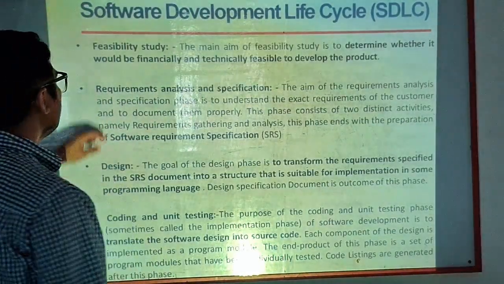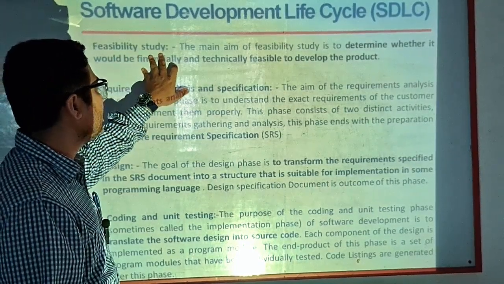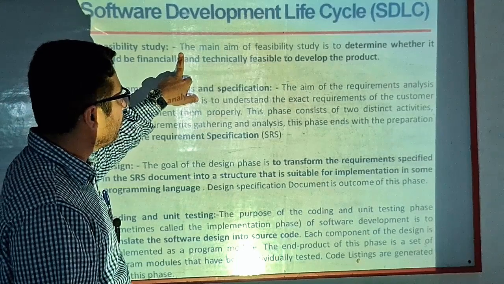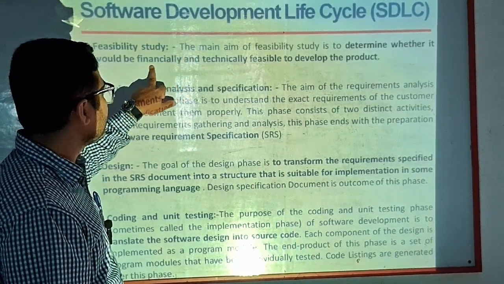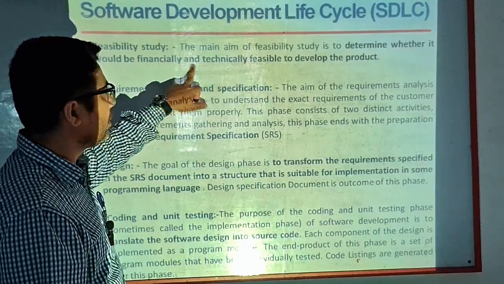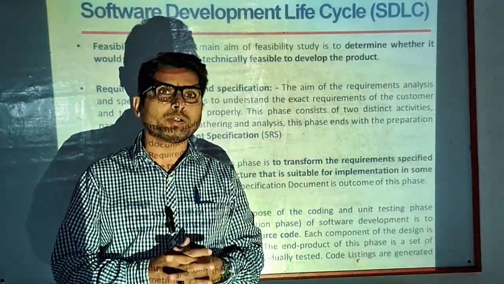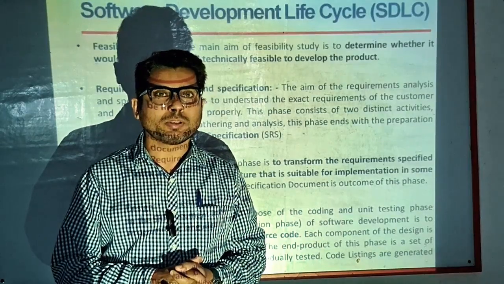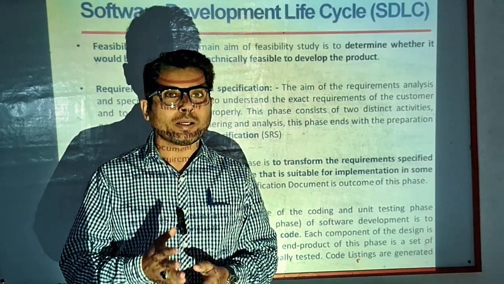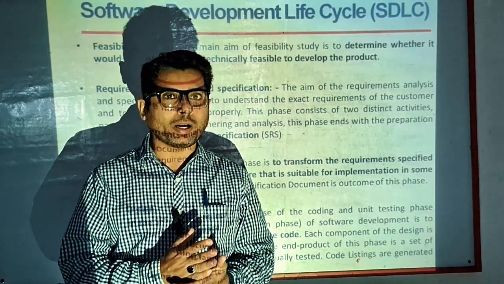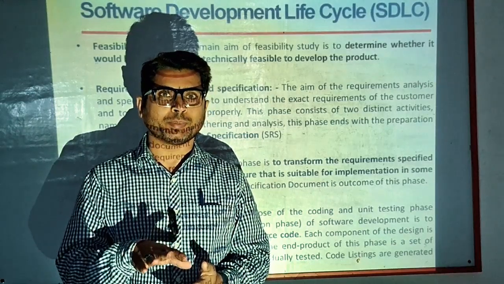So first of all, in this life cycle model, we should do a feasibility study. What is this? The main aim of feasibility study is to determine whether it will be financially and technically feasible to develop the software. So this is the first priority of any software development team, to know whether the software which you are going to develop is necessary, is it required, or there is some other software already built for the same purpose.